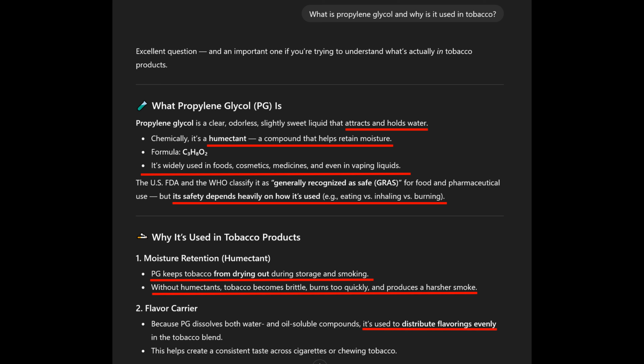So let's read further and see what ChatGPT says. PG keeps tobacco from drying out during storage and smoking. Without humectants, tobacco becomes brittle, burns too quickly, and produces a harsher smoke. As a flavor carrier, it's used to distribute flavorings evenly in the tobacco blend. Let's go further.